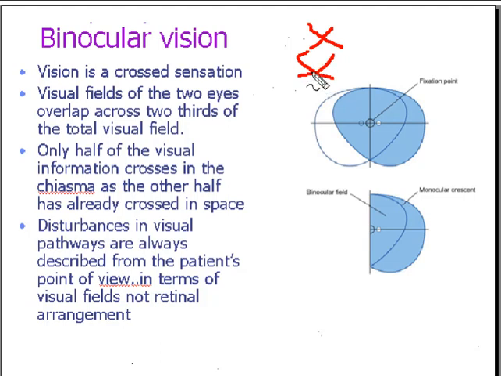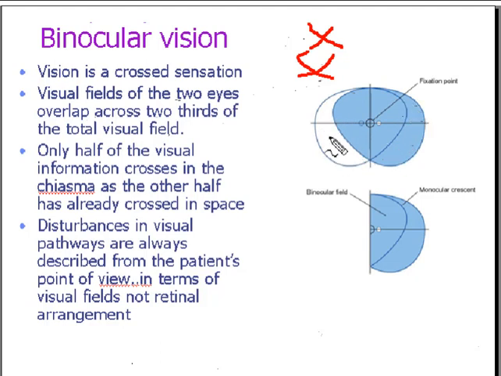Now the visual fields of both the eyes overlap, and you can see they overlap to about 2/3. So that's why you do not see two. If you're looking at an object, you see one of the object, and this part where there is no overlap, this is your peripheral vision.